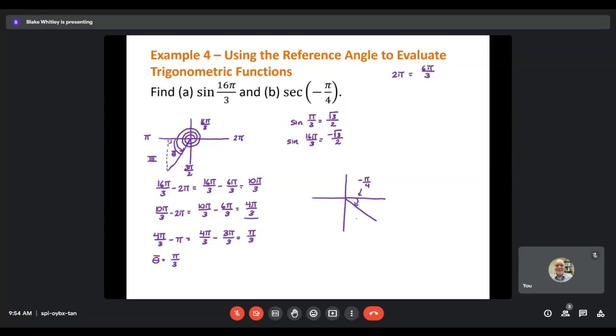Now, once we have that, again, we need to know our reference angle. Always draw your triangle back to the x-axis. Now, in this case, right, hopefully it's kind of obvious how big that angle is. Since we went negative pi over 4 to get there, we know that that angle itself is just pi over 4. And so what I want to find now is what is the secant of pi over 4.